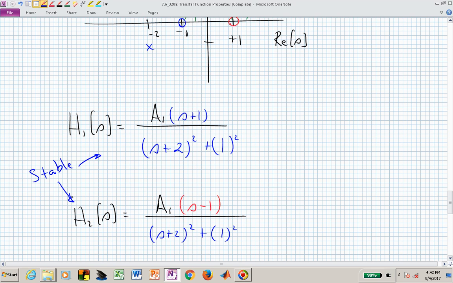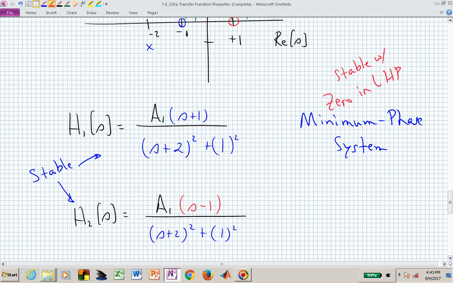H1 and H2 are both stable, but H1 is minimum phase, because if you set its numerator equal to 0 and solve for s, you'll find s is equal to minus 1. It has a zero in the left half plane, in addition to being stable.